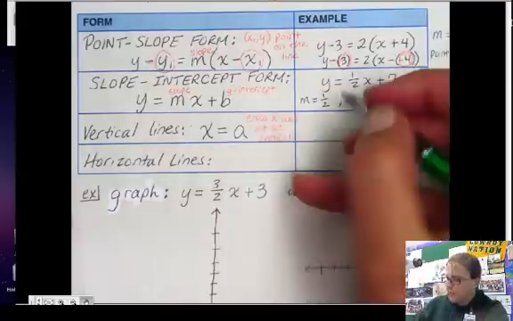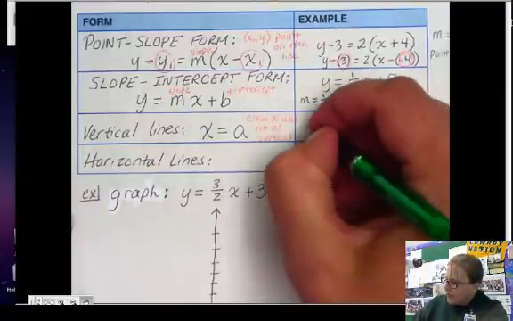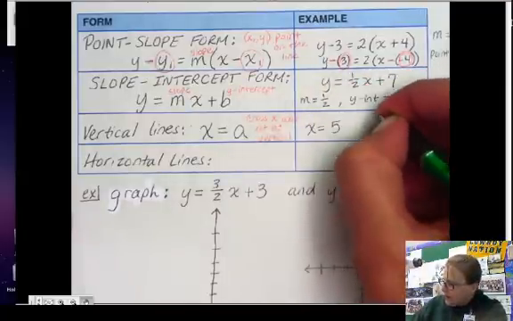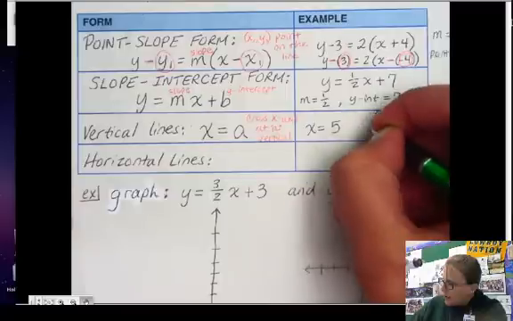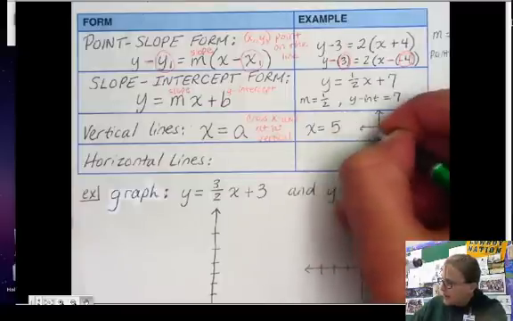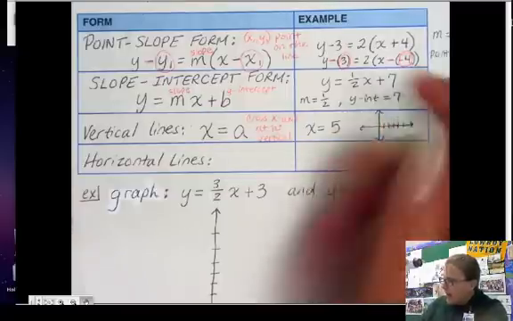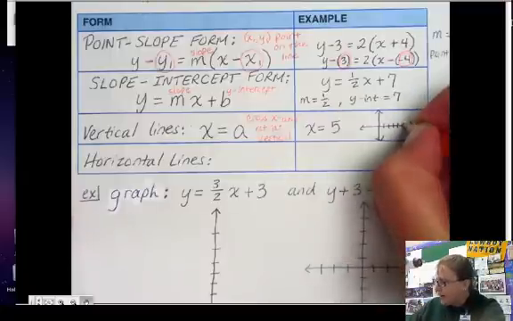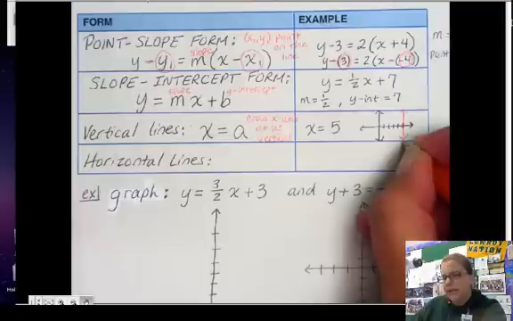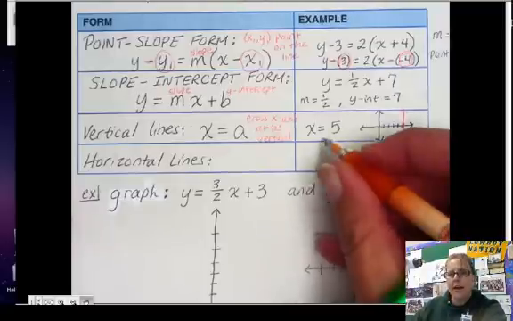So for example, if we did x equals 5, then that means that it would cross the x-axis at 5 and it would go vertically up and down. That is the line x equals 5.